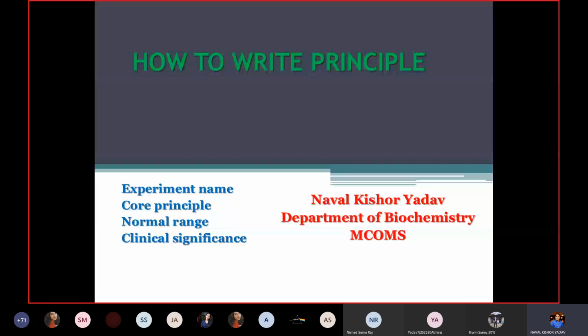Otherwise, if you miss one, as I told, the experiment name is 1 mark, core principle is 2, normal range is 1 mark, and clinical significance is 1. It is for 5 marks, so you have to mention all 4. Then only you can get the full mark. If you have any doubt, you can ask me.